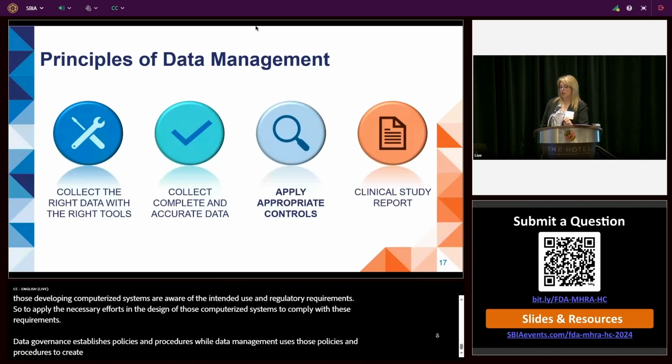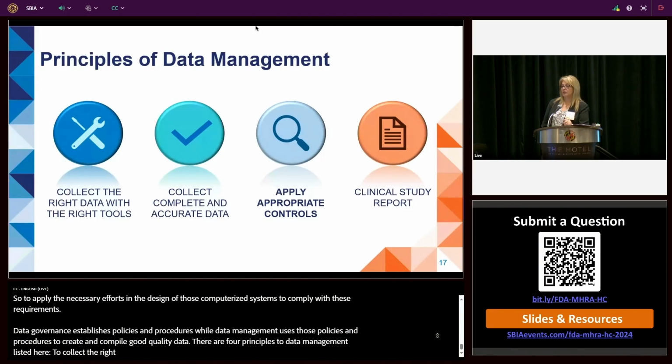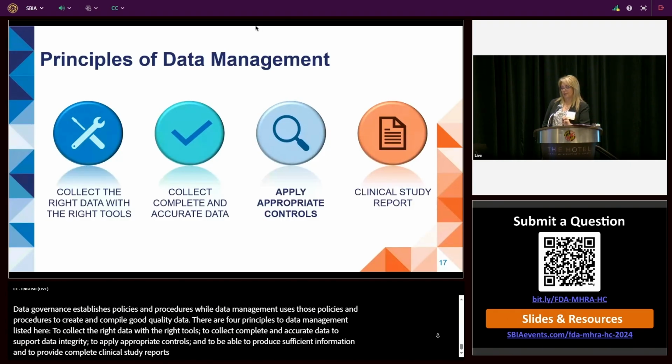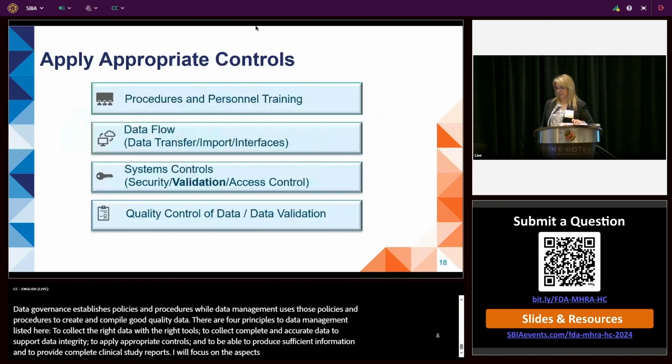There are 4 principles to data management as listed here: to collect the right data with the right tools, to collect complete and accurate data to support data integrity, to apply appropriate controls, and to be able to produce sufficient information and to provide a complete clinical study report. I will focus on the 3rd aspect of the principle, applying appropriate controls, to expand on.